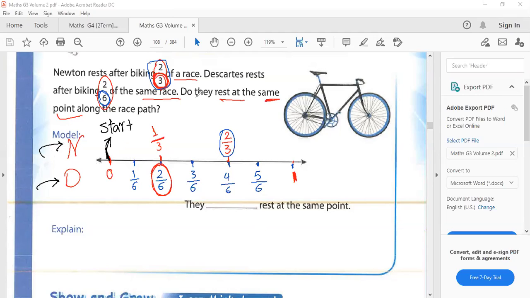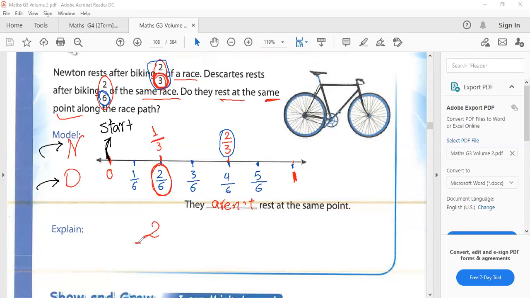So the answer: do they rest at the same point? They aren't. They don't rest at the same point. Why?